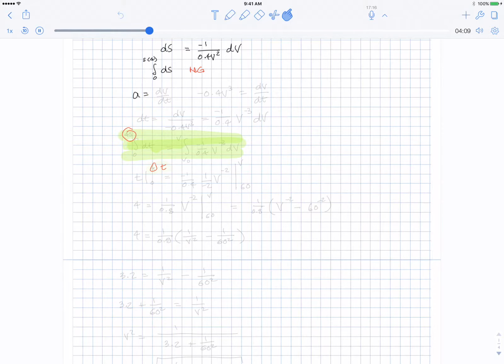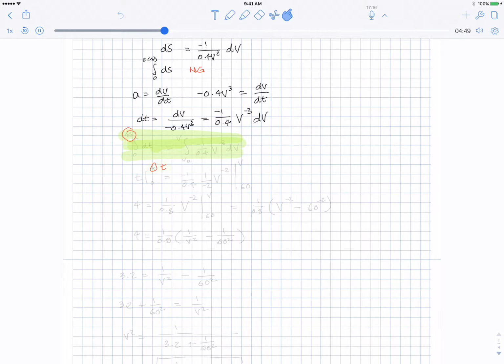A equals dv dt. Okay, so the acceleration is given as minus 0.4 v cubed equals dv dt. This will work. So we separate the variables. We get dt on one side equals dv all divided by minus 0.4 v cubed. Okay, so let's just do that as minus 1 over 0.4 v to the minus 3, dv.